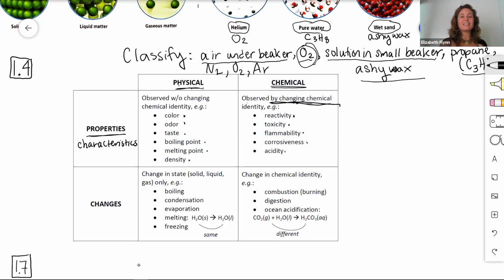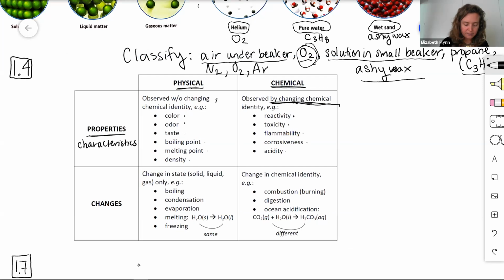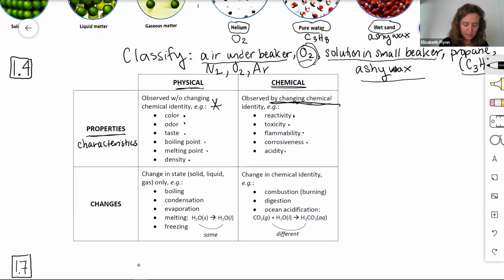In lecture today, lots of you were answering correctly in terms of the melting or vaporization of the wax. That is a physical change, because the chemical identity of that wax does not change. So again, we see this trend here: without changing chemical identity is how we can talk about properties or characteristics.